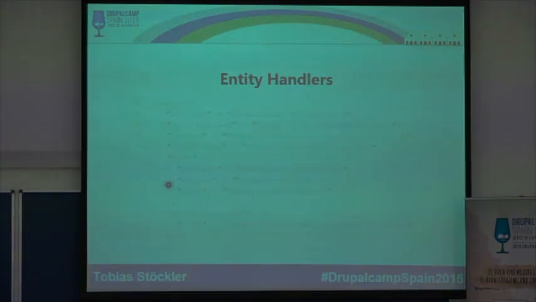So for instance, you see here the node class, which is completely copied from the node class in core. I ripped out a couple of lines, but only because it didn't fit at the bottom. You see that the node overrides the storage handler, but that's a very specific use case.